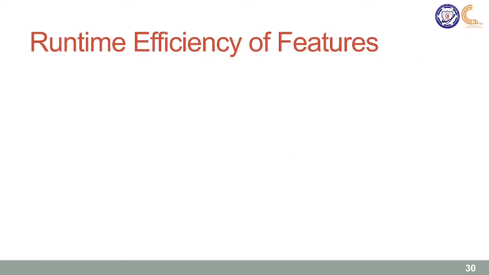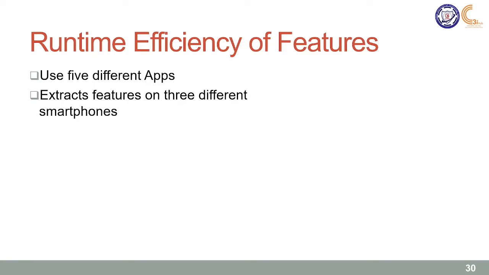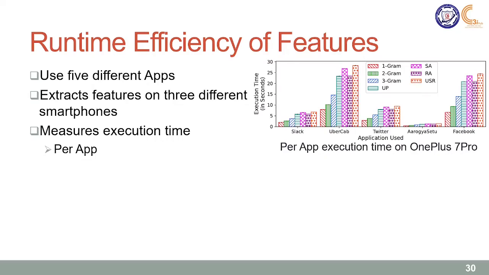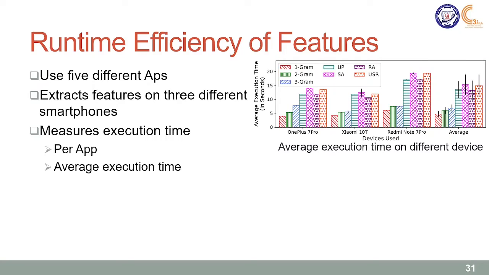Next, we see the runtime performance in extracting these features. For runtime efficiency, we use 5 different apps. We extract features on 3 different smartphones and measure execution time for each application, and the average execution time on each device.